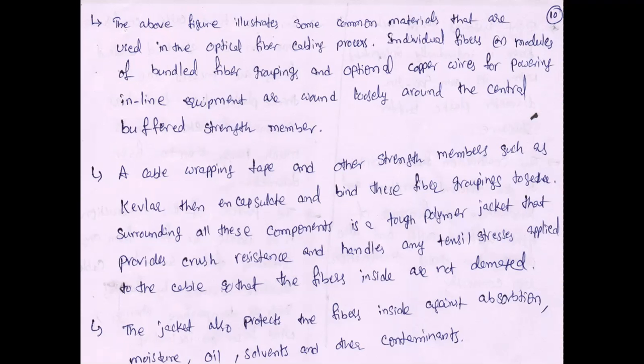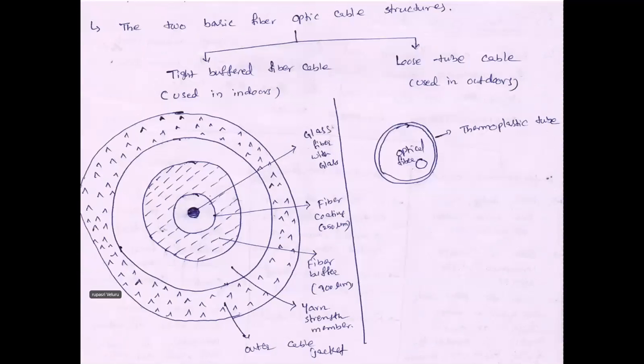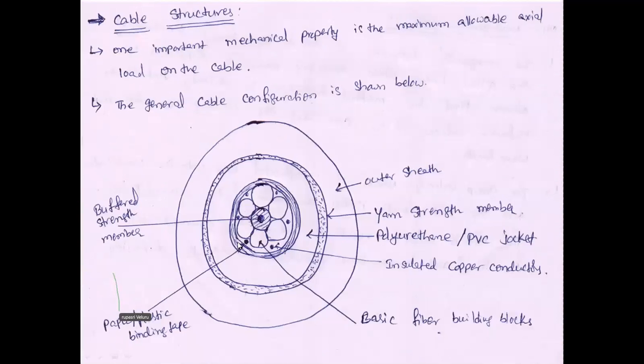Suppose we are using repeaters between transmitter and receiver. What is meant by a repeater? A repeater receives the signal, increases the strength of the signal, and retransmits it. At that time, that particular repeater or amplifier requires power. That's why we are using copper lines. These are the copper lines which we are using inside the cable structure. This is for the power line.